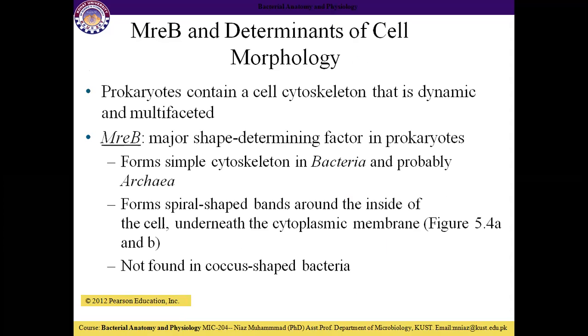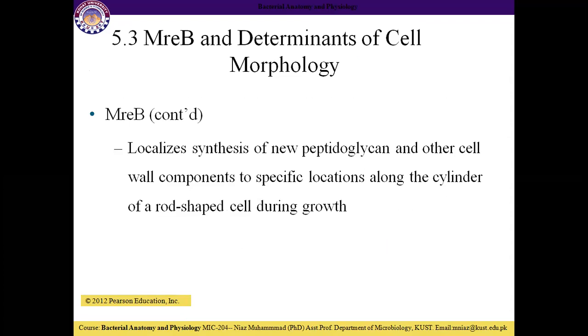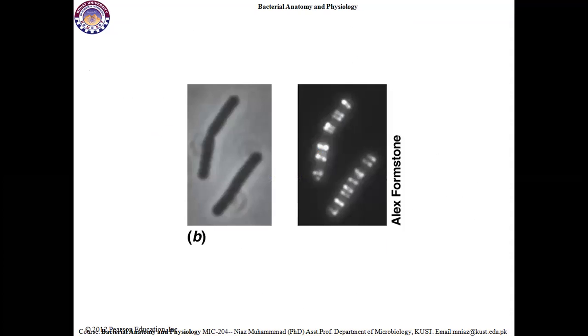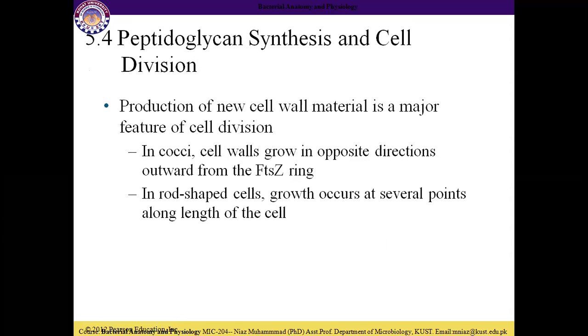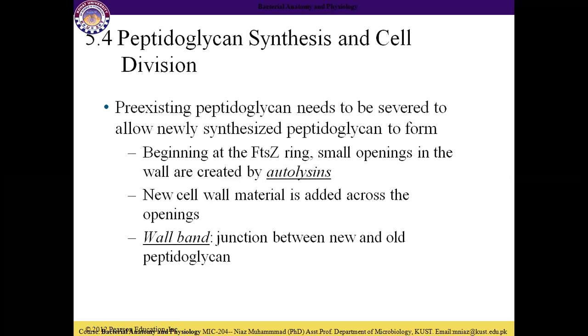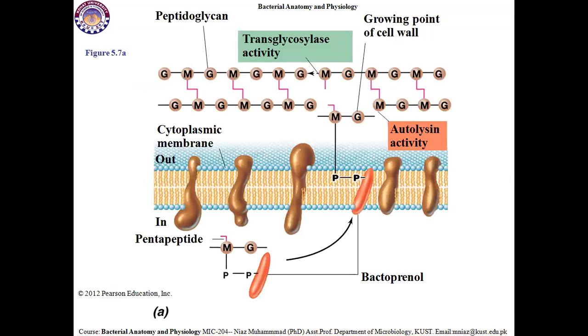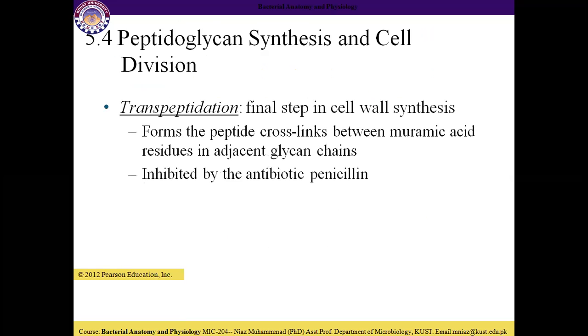MreB proteins are responsible for the morphology of bacterial cells as well as for elongation, by putting N-acetylmuramic acid and N-acetylglucosamine in newly growing sites of the bacterial cell wall, which elongates the bacterial cell. This mechanism we have studied here.